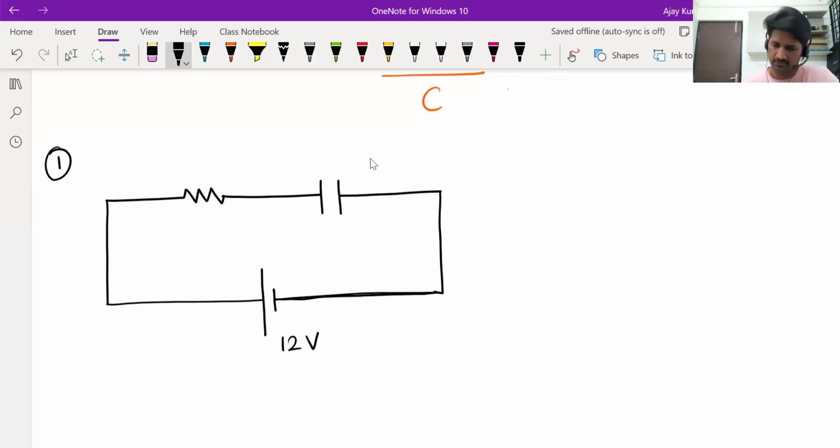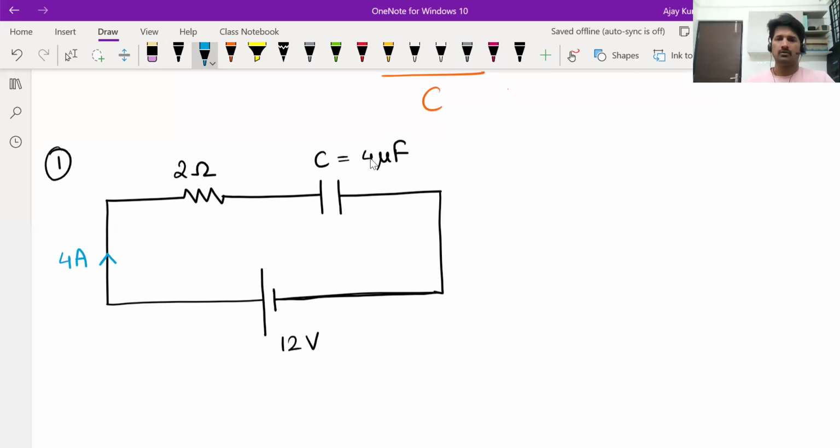You know which side is positive, which side is negative. Let's say resistance is given 2 ohms. Capacitance is given, let's say 1 microfarad, or let's take 4 microfarad. Fine. Assume the current flowing in this is 4 amperes.